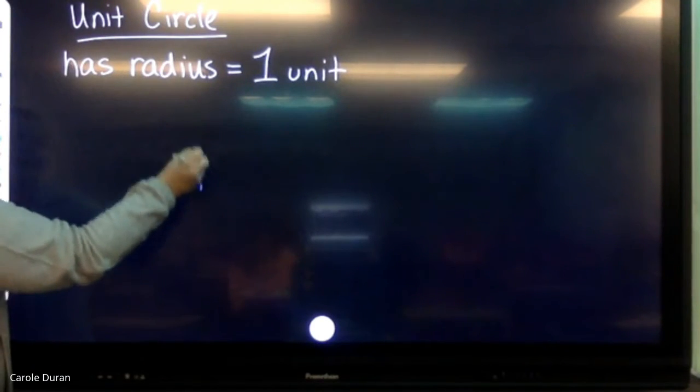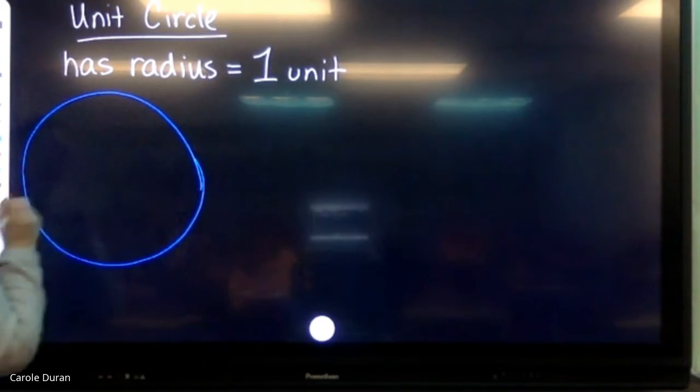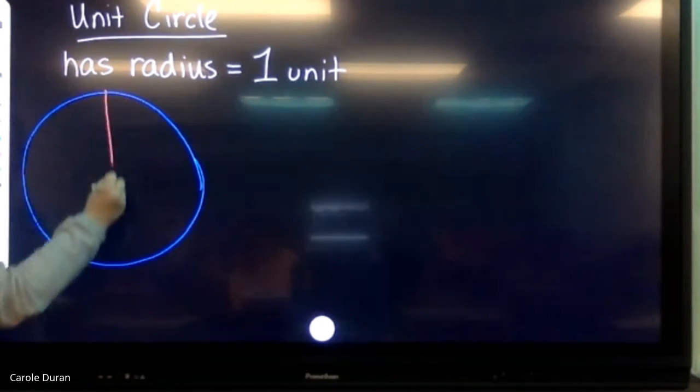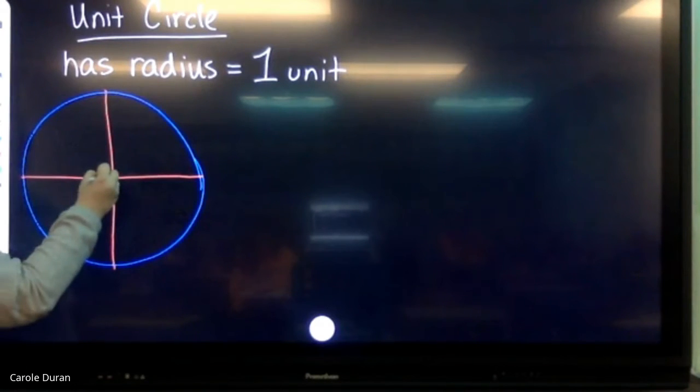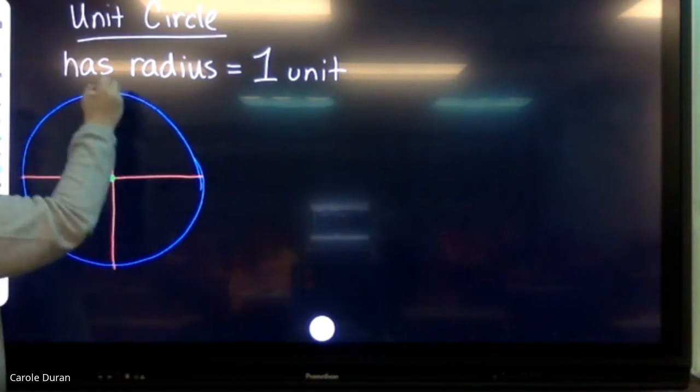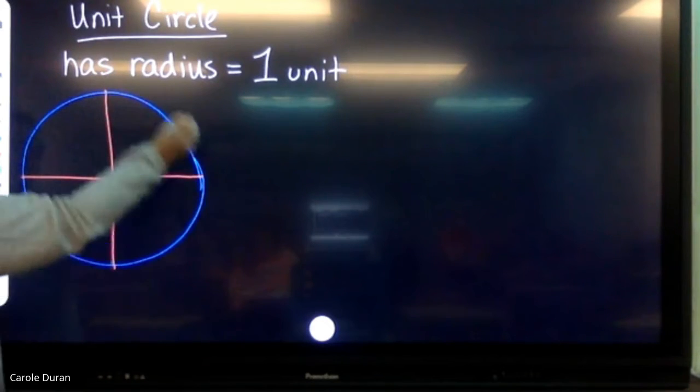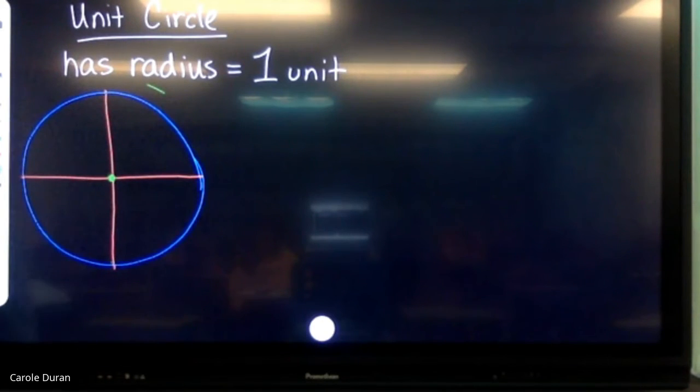If I were to draw my unit circle, it would look just like my previous circle, except I know that the radius is equal to 1, which means the distance from my origin to any of these outside points on this blue circle is going to be 1.